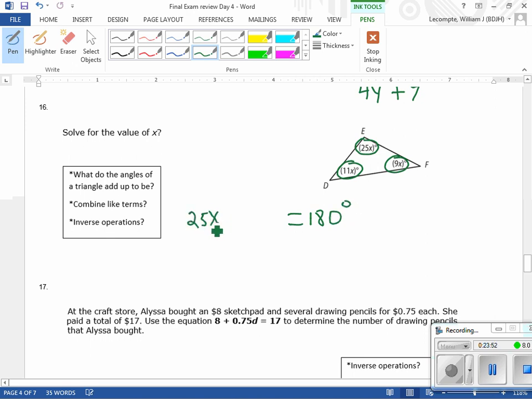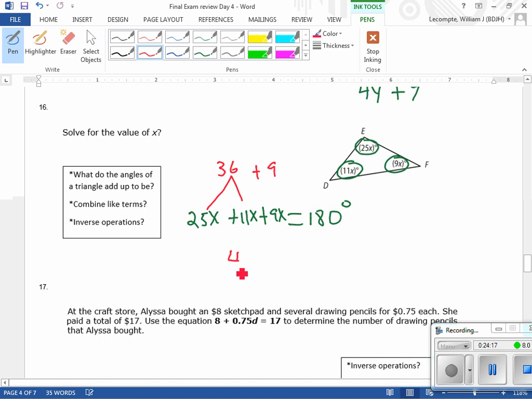And so I don't subtract the 25 or subtract the 11 or subtract the 9 to the other side. I add up all my x's. So I now have 25 plus 11, which is 36, and then I add 9 to that. So I have 45 x's, and it equals 180 degrees.